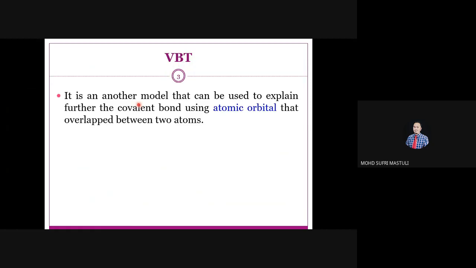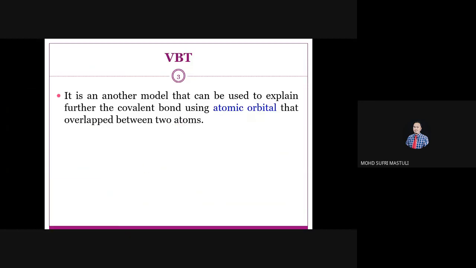Previously, we used the VSEPR model to predict the geometry of the molecule, but valence bond theory is another model that can be used to explain further the covalent bond using atomic orbitals. In this chapter, we are going to talk a lot about atomic orbitals overlapping between two atoms.